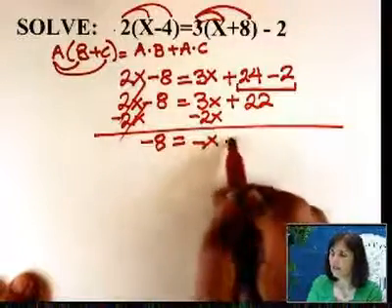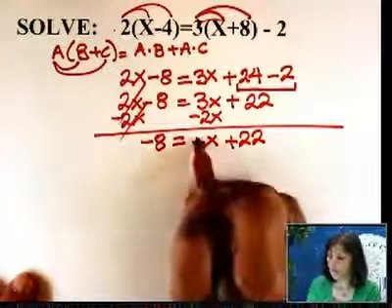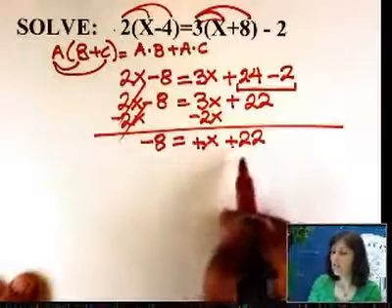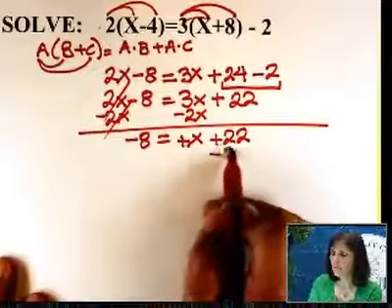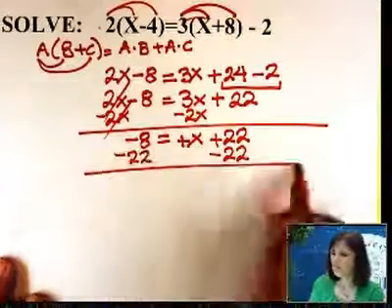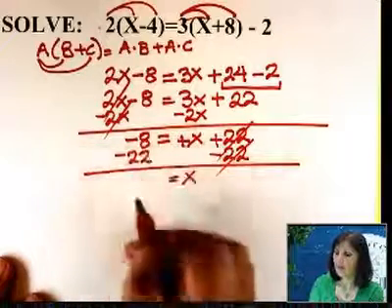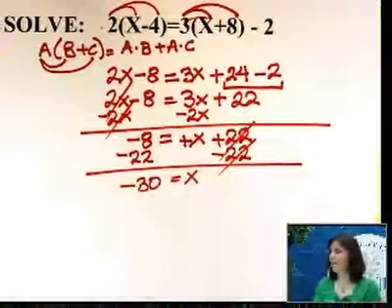And you still have a 22 here. 3 minus 2 is 1. So that's a positive. So you know that you need to get rid of that 22. So you're going to use the additive inverse and subtract 22. These two will go. X equals negative 8 minus 22. So that's negative 30.